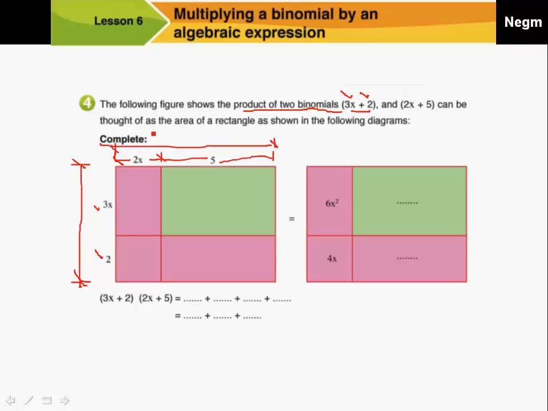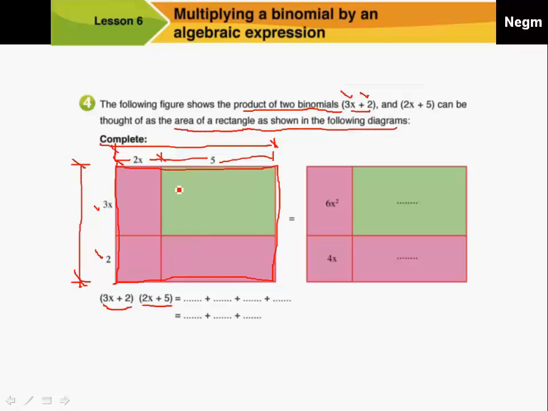It can be thought of as the area of a rectangle as shown in the following diagram. Of course, if we multiply this length times this length, we will get the area of this rectangle. The multiplication of 3x plus 2 times 2x plus 5, the multiplication of two binomials, is at the same time the area of the rectangle.